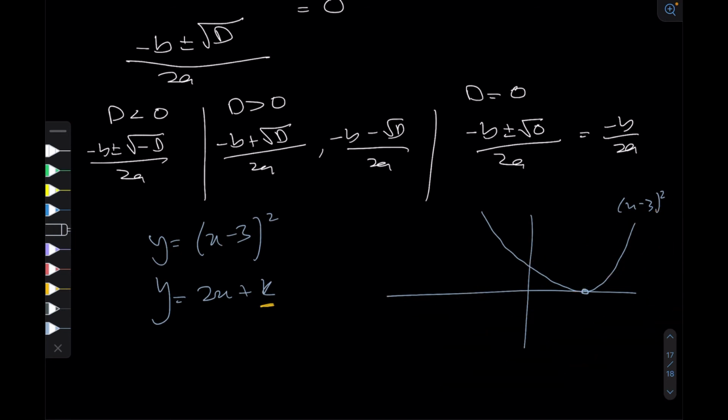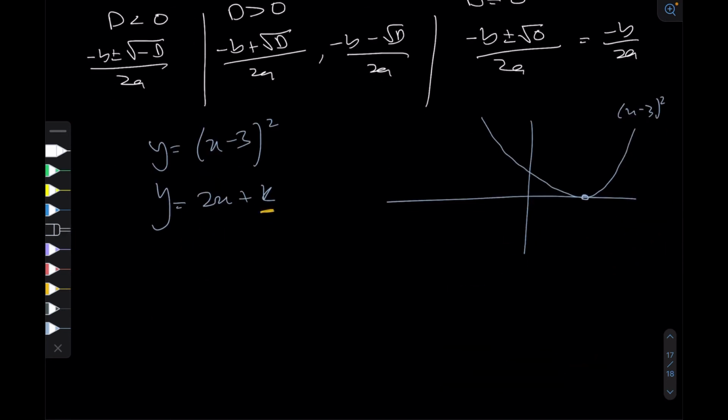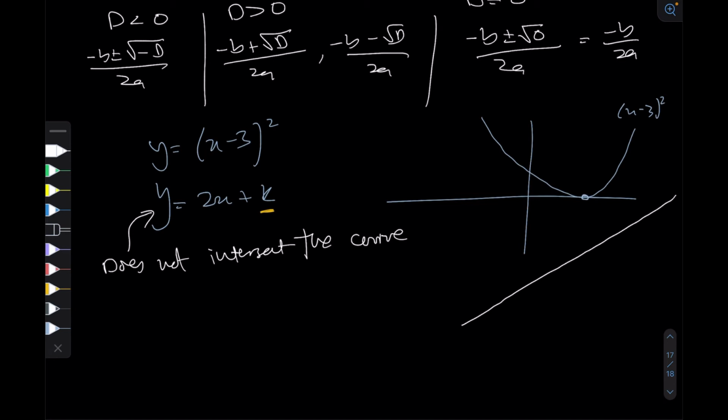We don't know. What if I ask you, find the values of k for which this line does not intersect the curve? If I have a line like this, it does not intersect the curve.